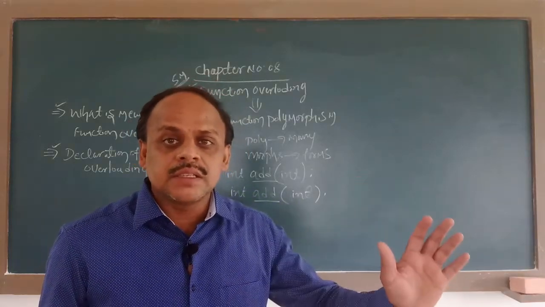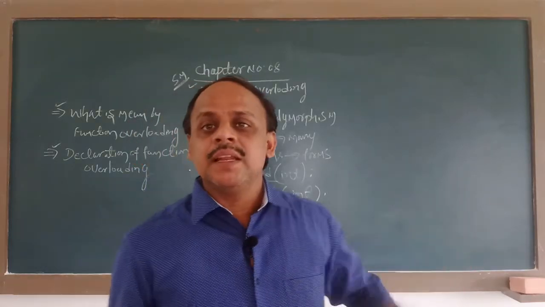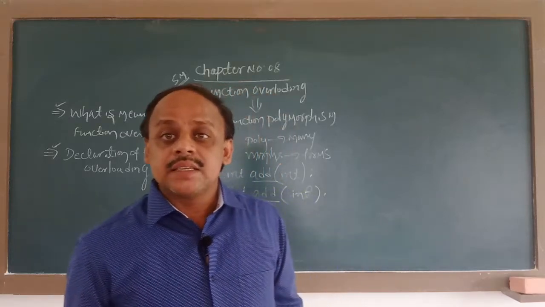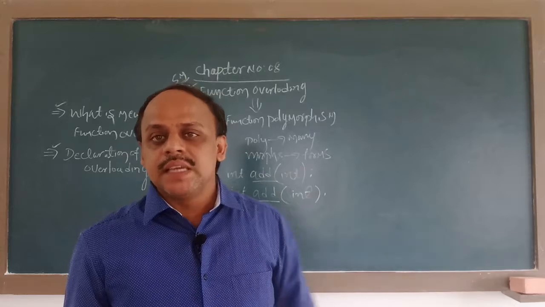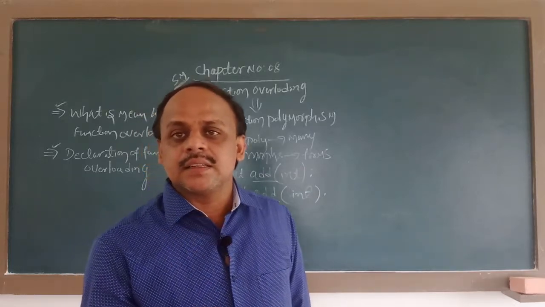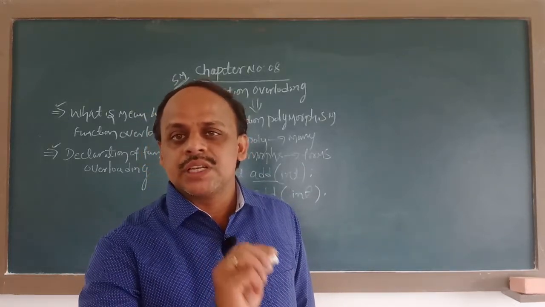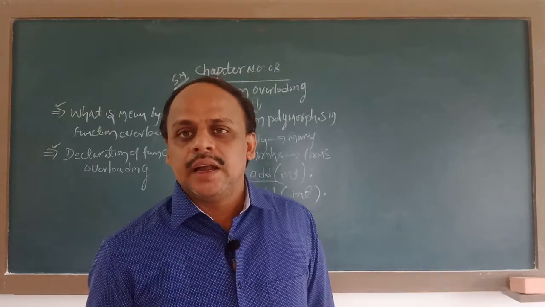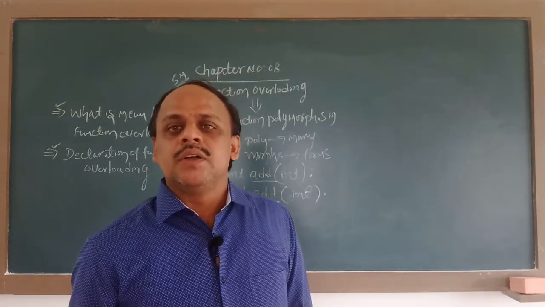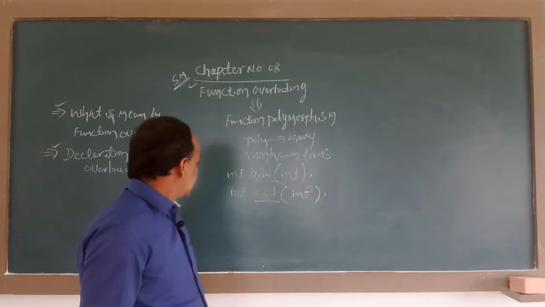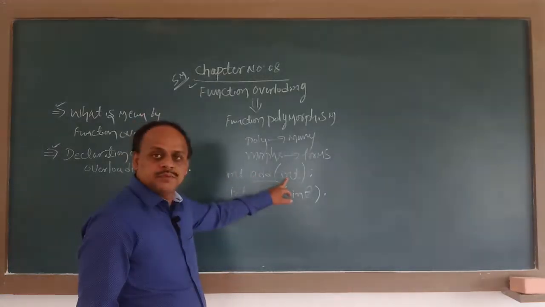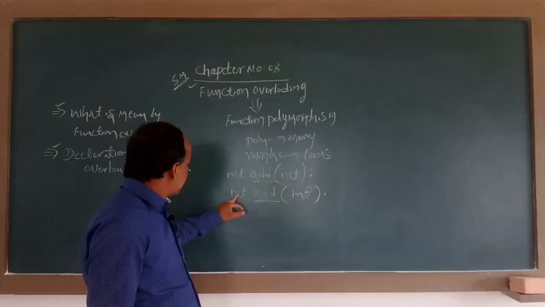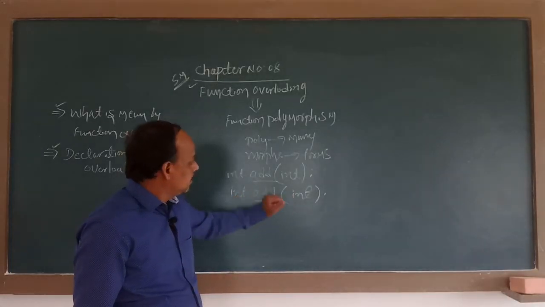More functions with the same name is not possible in C programming, whereas it is possible in C++, and this concept is called function overloading. For example, the first function I am going to use is int add of int, the second function also int add of int.